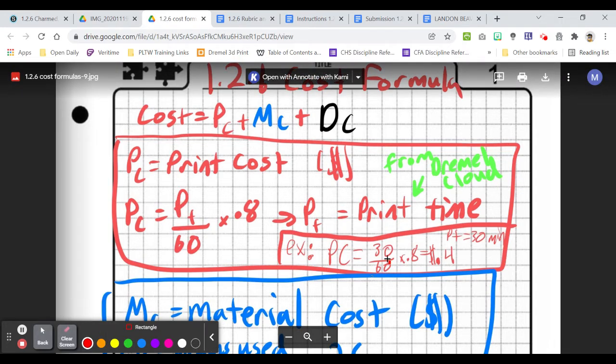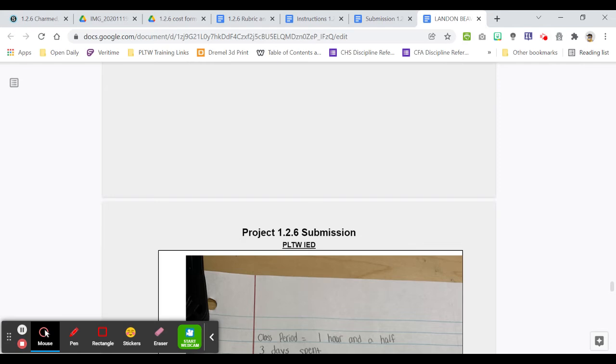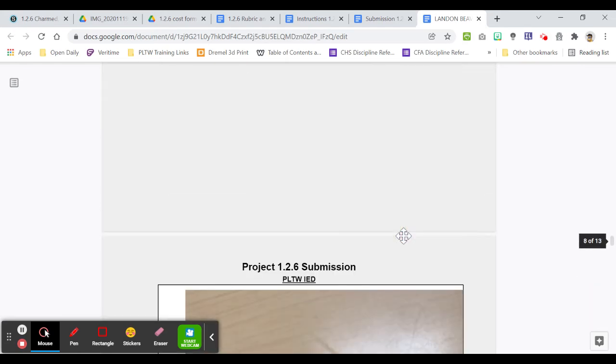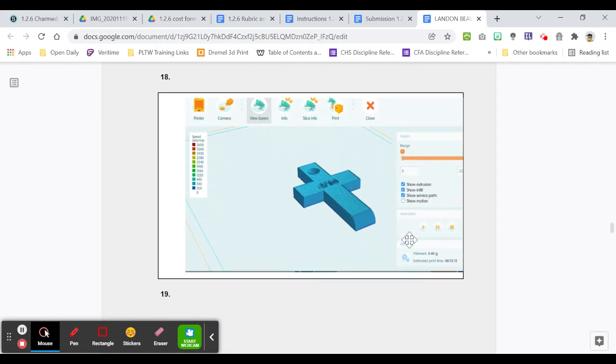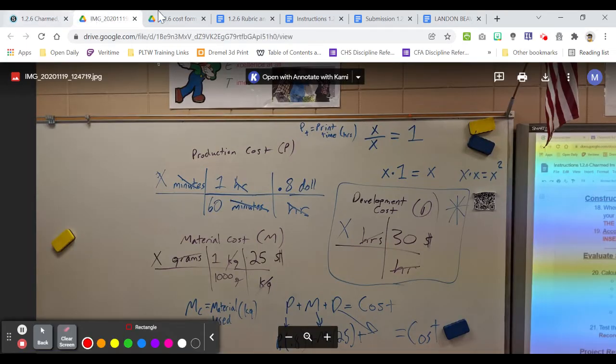What you need is our print time, PT. This comes from the Dremel cloud. And if you look at PT, I'll go to one of my examples so that you can see it. Your PT is found right here at your estimated print time. So that's where you get that number.